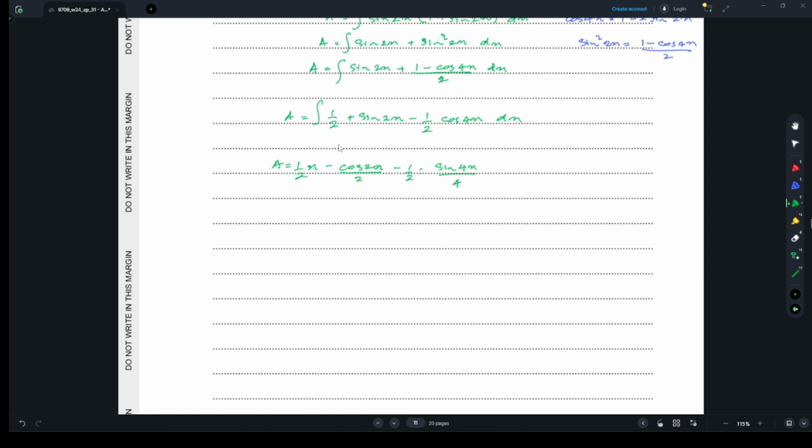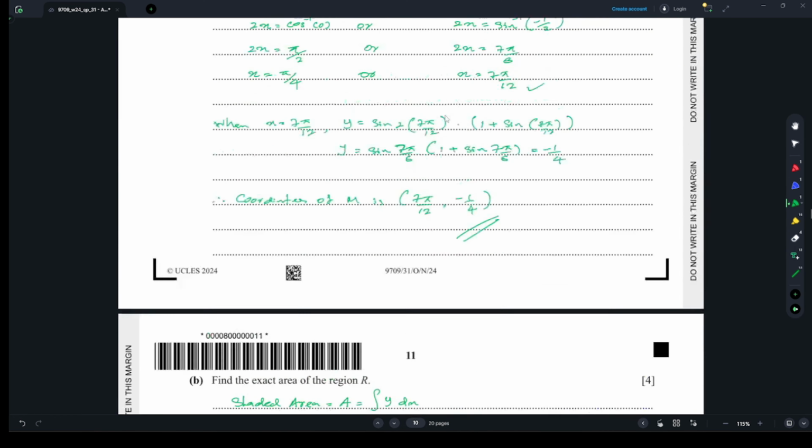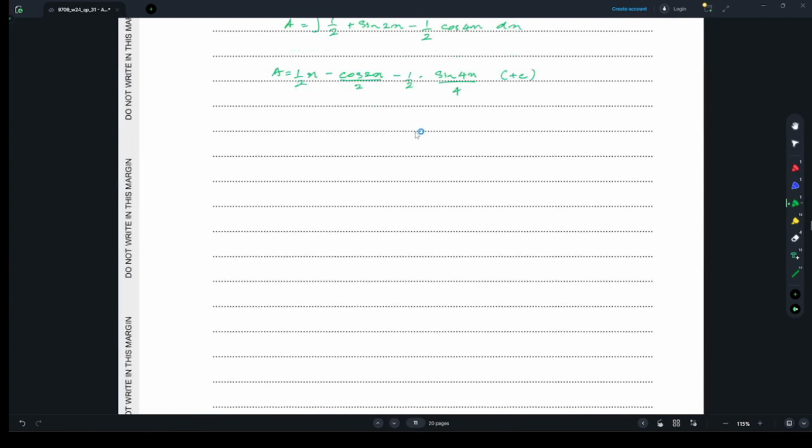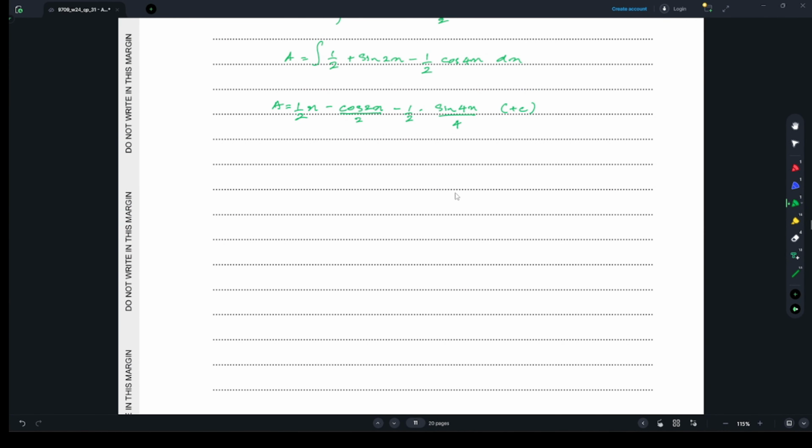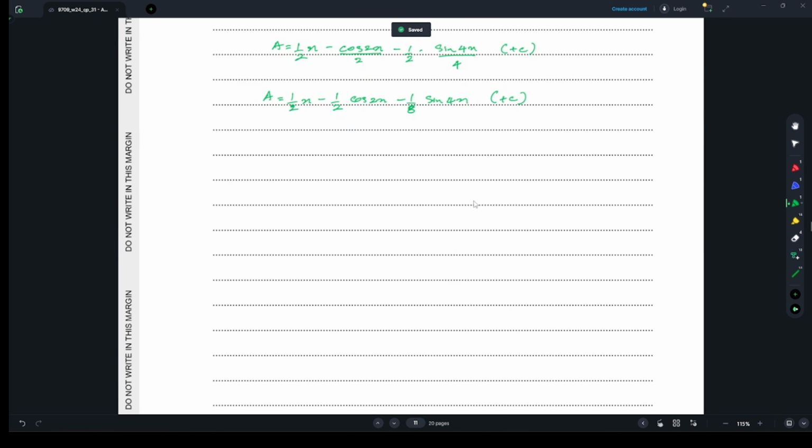Okay, so we don't need to write that one, because when we want to calculate the area we have a limit, so just keep it like this. So if I simplify a bit: half x minus half cos 2x minus 1 over 8 sine 4x plus c. Then I can calculate the area of the shaded part.